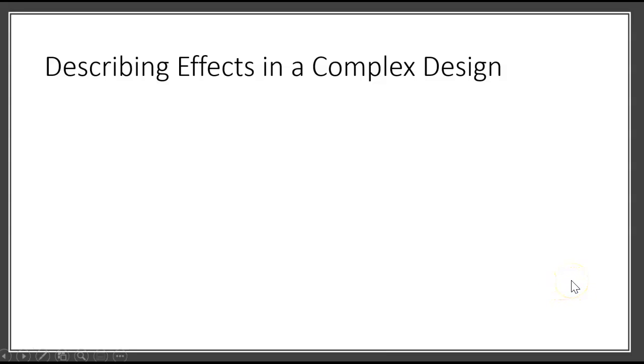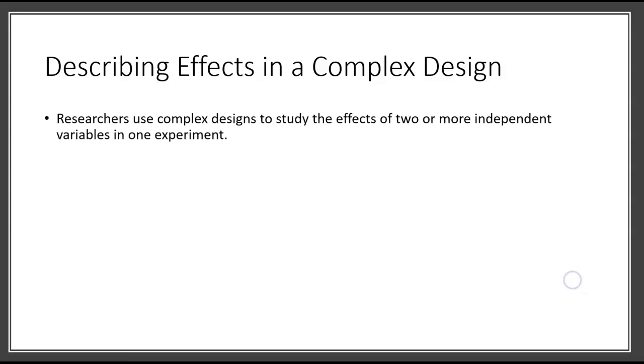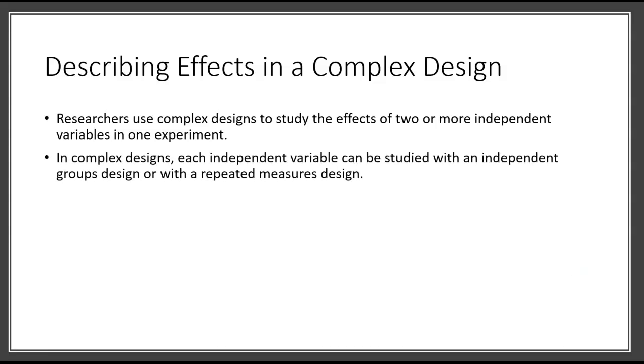Now, how we talk about the effects, and I can continue with the example of the study I was just describing. When we use complex designs, we want to look at the effects of 2 or more independent variables.